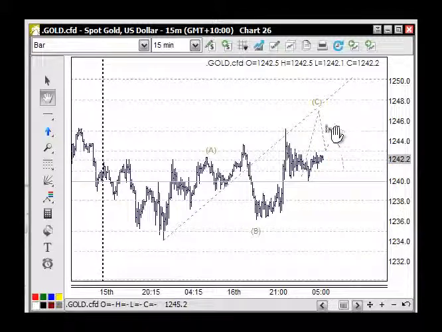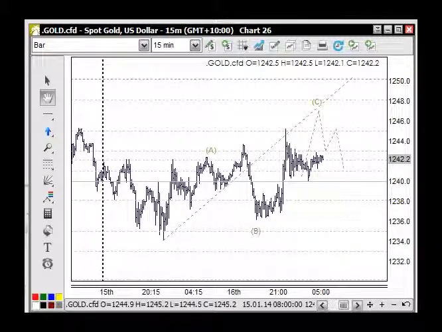So if it does do that, then you're looking for failed support on the 1245, and looking to start building in a short position under the 1240 here. So if this market comes down and finds this 1240 as a resistance, then you know that this wave C is in place, and you can look to short from that area through there.